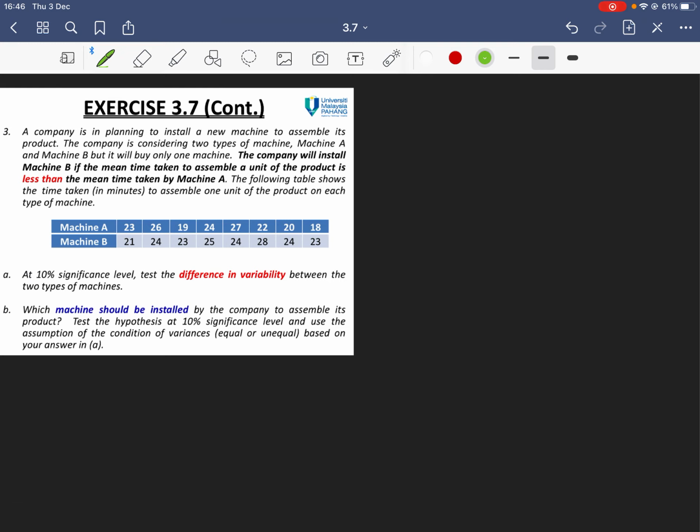Let's do exercise number 3. A company is planning to install a new machine to assemble its product. The company is considering 2 types of machine, machine A and machine B, but it will buy only one machine.